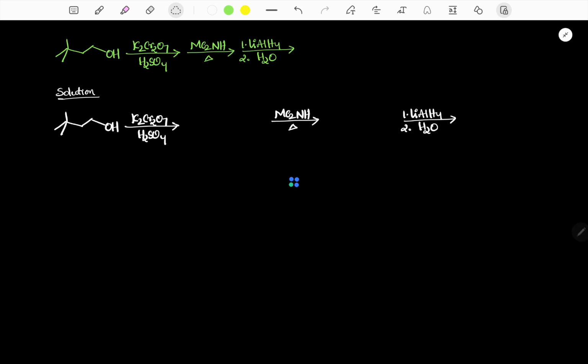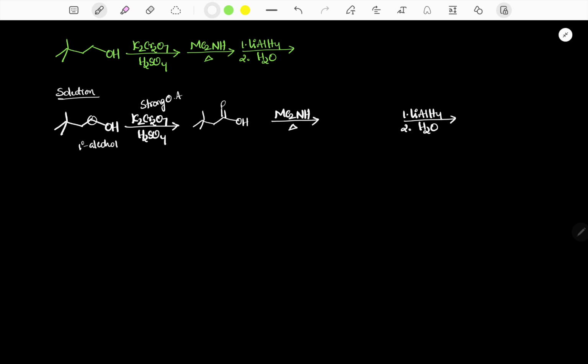It is a primary alcohol. When a primary alcohol is treated with potassium dichromate, a strong oxidizing agent, the primary alcohol undergoes oxidation and forms the corresponding carboxylic acid.